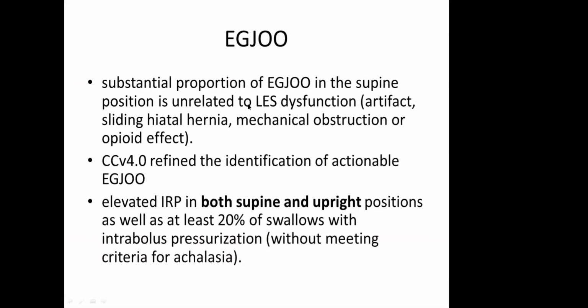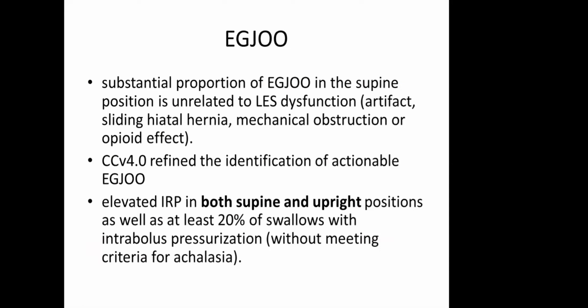For EGJ outflow obstruction, the finding of EGJ outflow obstruction in the supine position is sometimes unrelated to LES dysfunction. If we have done a lot of manometry, we'll notice that a lot of these EGJ outflow obstructions actually happen in normal patients.